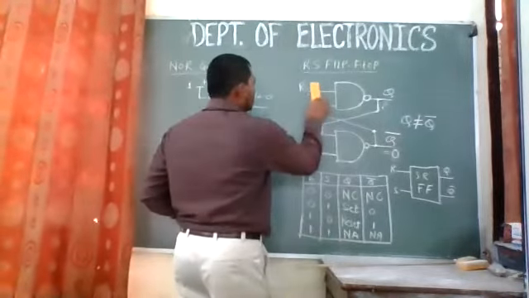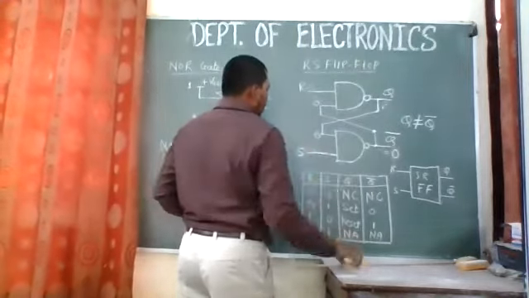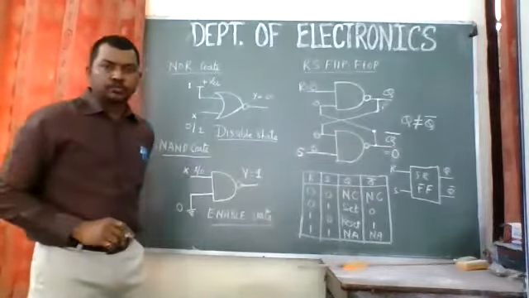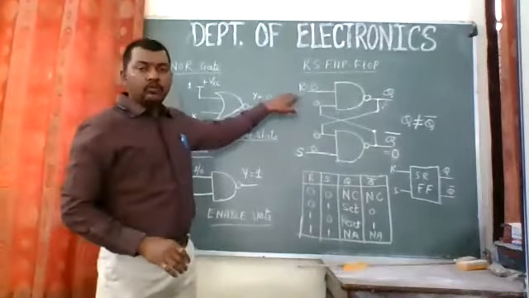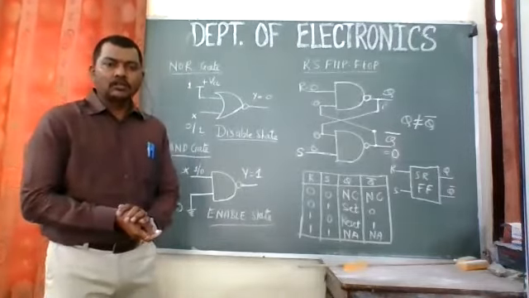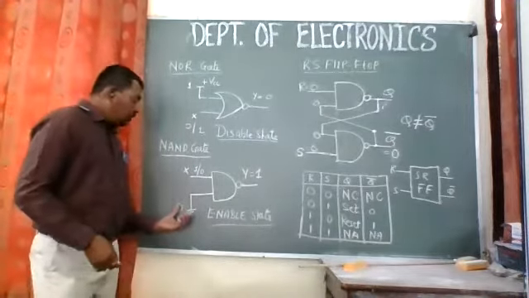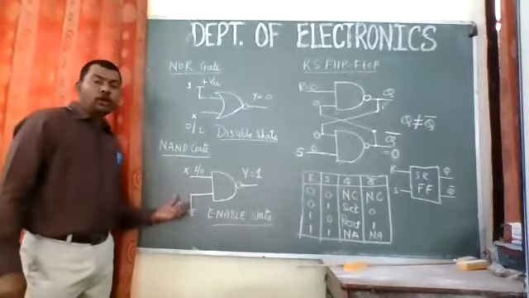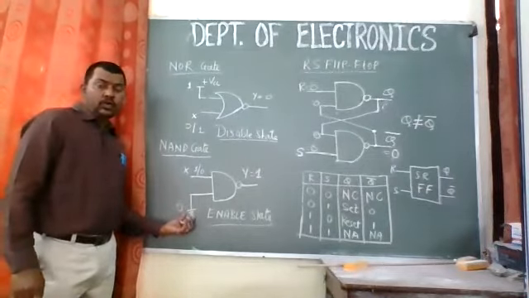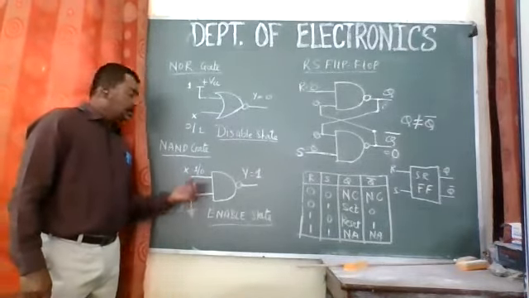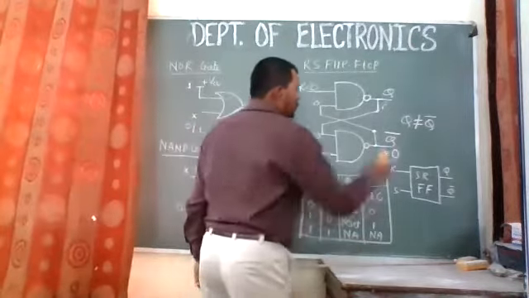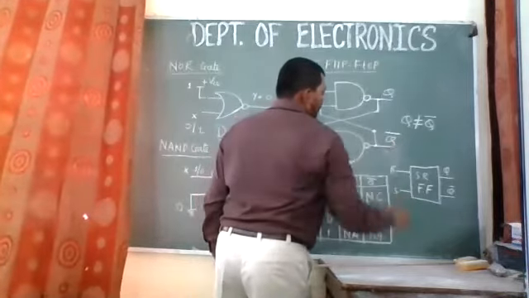Again the same condition: when we put R equal to 0 and S equal to 0, what happens? We have one of the inputs of both NAND gates at low potential, so the gates are in the enable state, meaning the outputs of both the gates are going to be high.